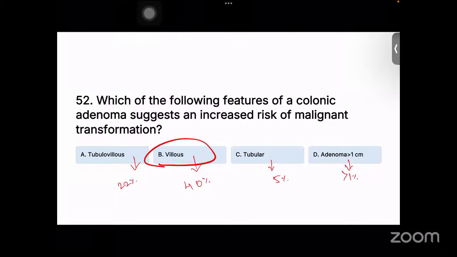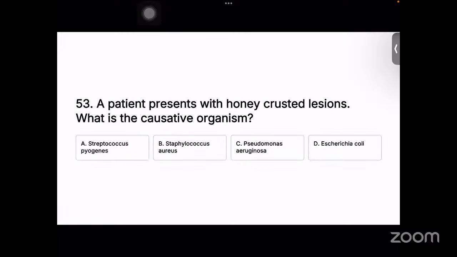Next, a patient with honey-crusted lesions. What is the causative organism? Honey-crusted lesions, which is non-bullous impetigo, is the most common one. The options here are Staphylococcus aureus and Streptococcus pyogenes. Most commonly we see both. Maybe if the options are wrong, you may correct me in the future.